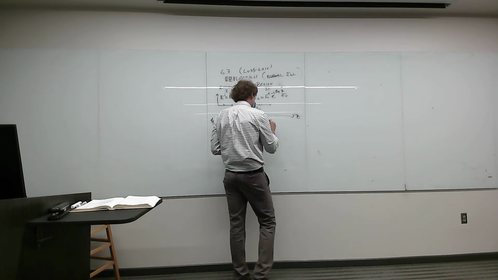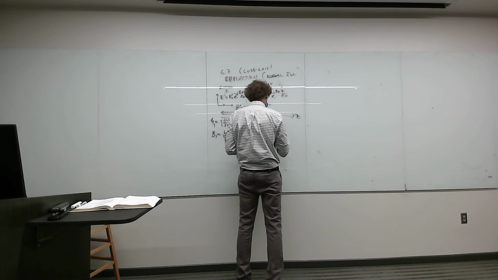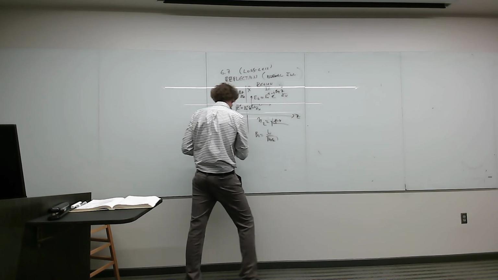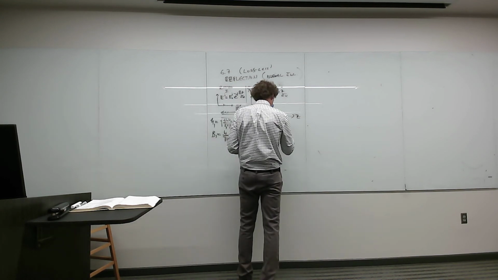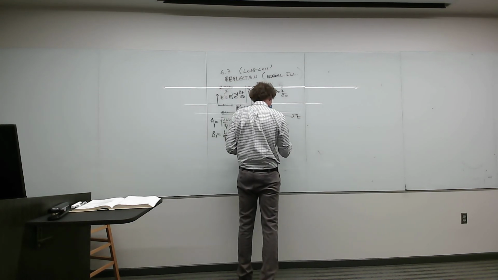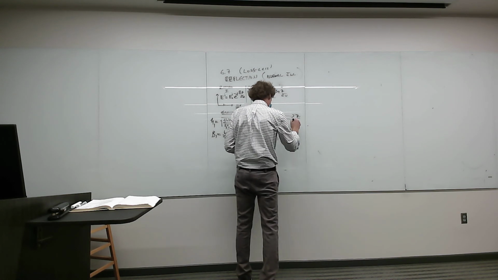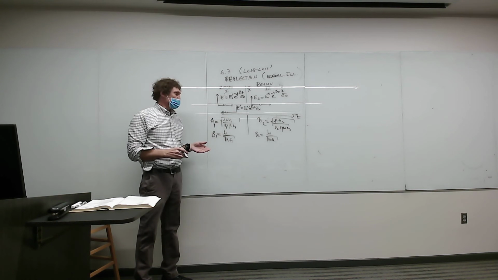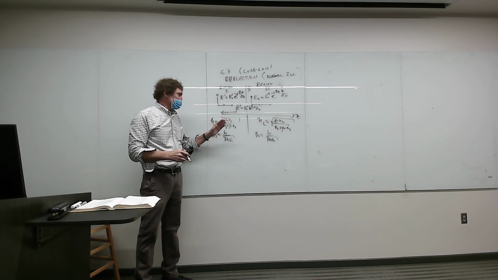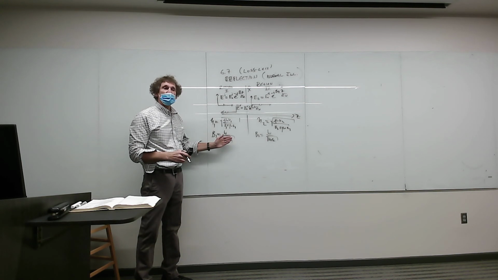And eta 2, assuming sigma 0, is the square root of j omega mu 2 over sigma 2 plus j omega epsilon 2. Only thing I'm doing here is trying to give you some context to what things are really controlling these values. It's basically the intrinsic parameters of the region and the frequency.